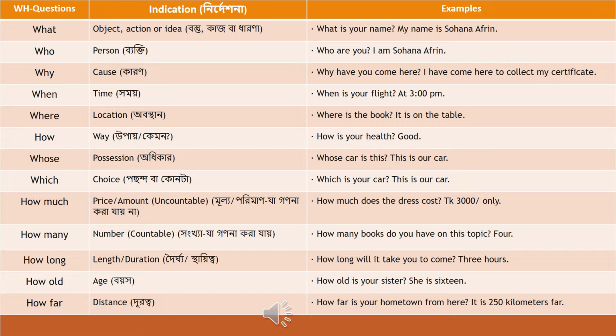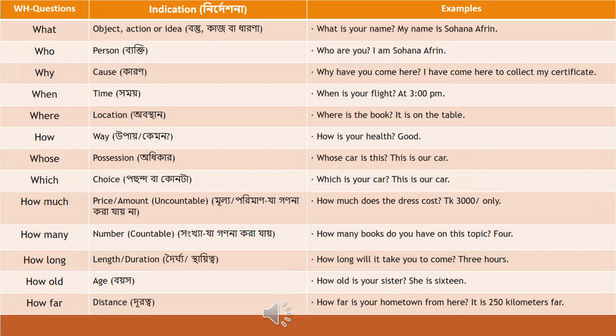We all know that what indicates object, action, or idea. Then who indicates person. Why indicates cause. When indicates time. Where indicates location. How indicates way or method. Whose indicates possession.